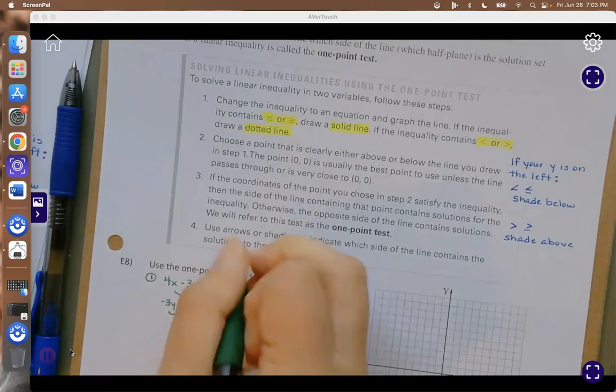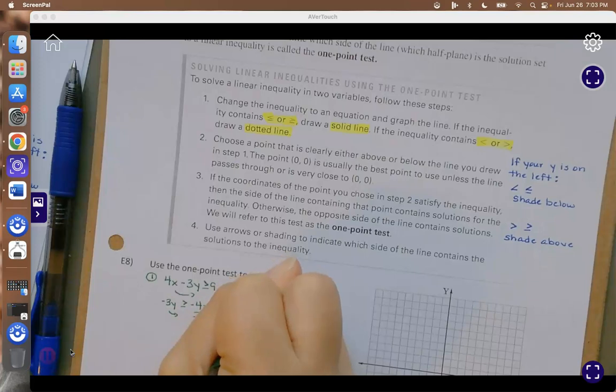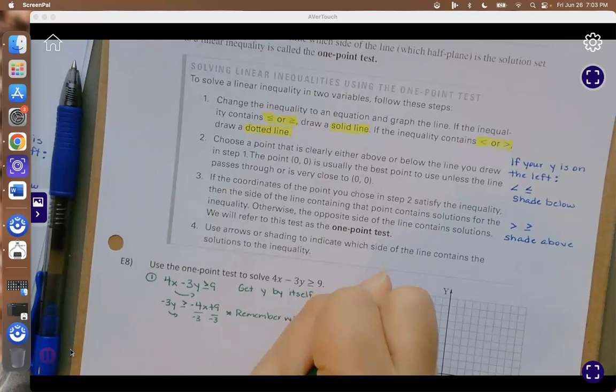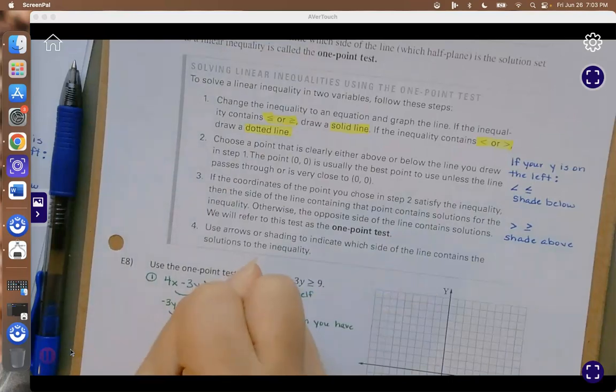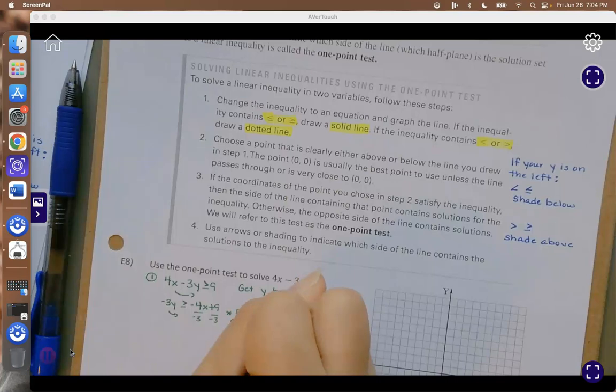Please remember, when you have a negative y, like this is a negative 3y, so a negative y value, flip the inequality.